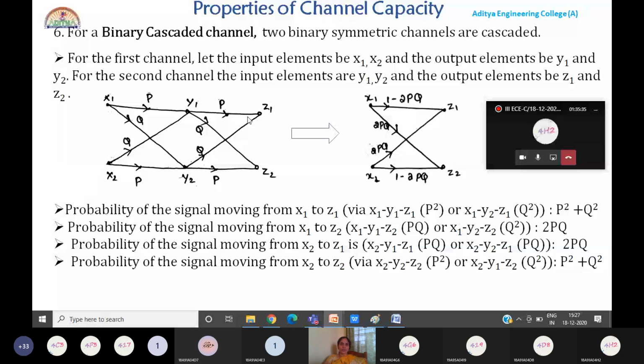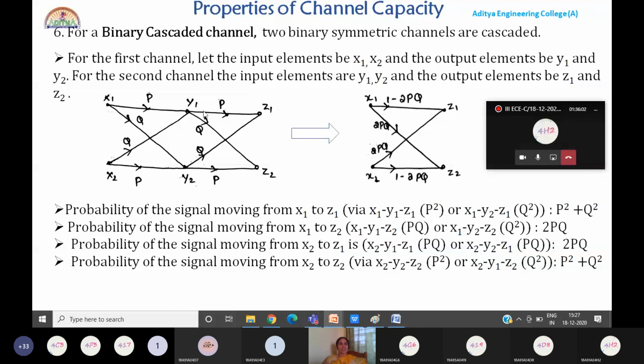Now the equivalent representation of this binary cascaded channel shown on the left side is represented on the right side. If you observe the channel shown on the right side, it is the equivalent representation of the cascade of two binary channels shown on the left side.